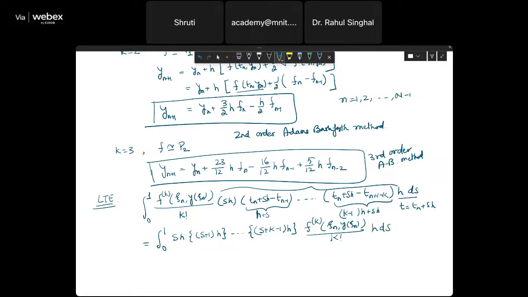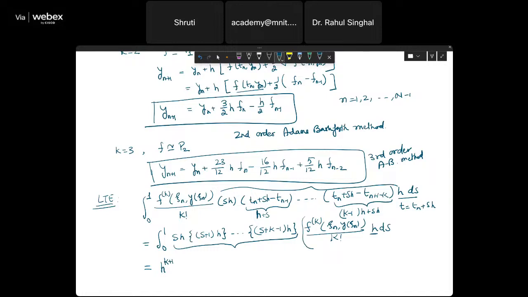h's. So simply this we are doing, and then you can understand that from this product, h to the power k will come, because h is present k times in a product. One h is sitting over here, so it will become h to the power k plus 1, which I can take outside the integral, because the integral is with respect to s.